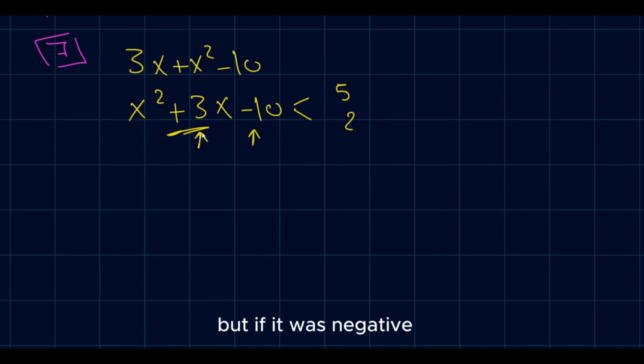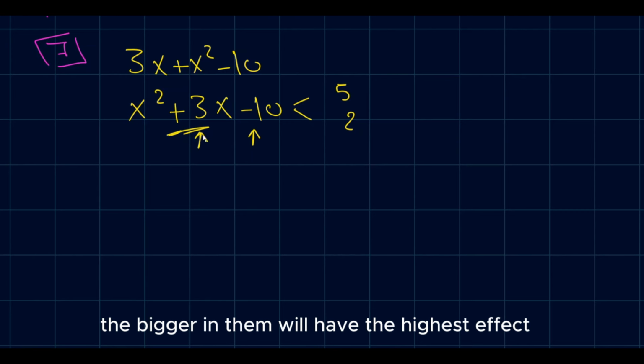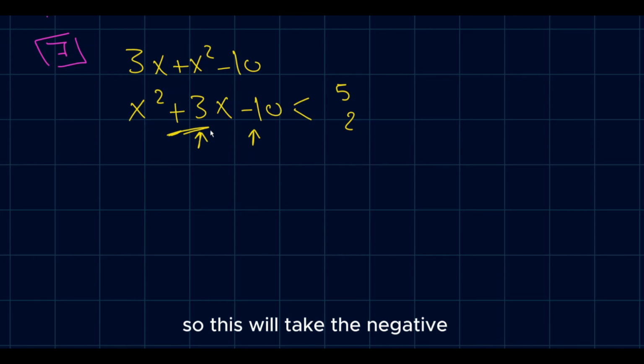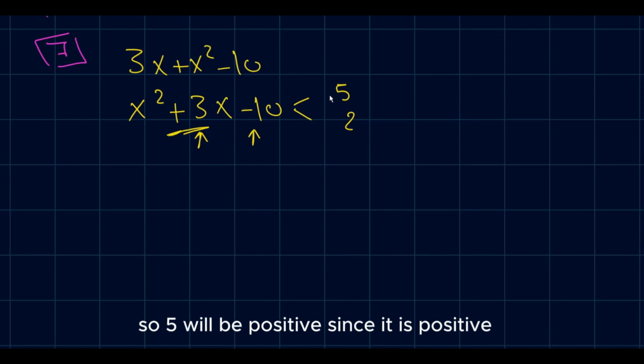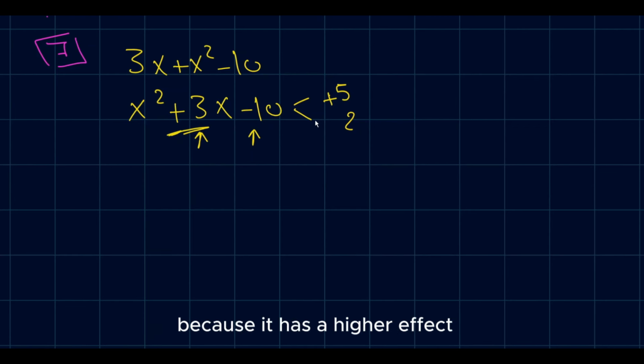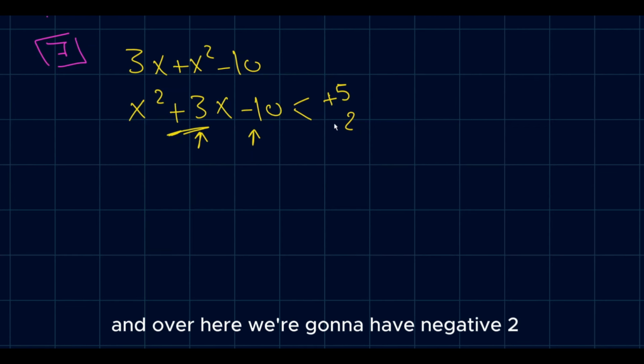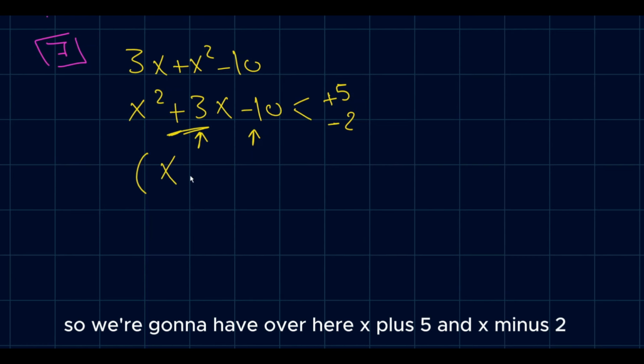But if it was negative, the bigger of them has the highest effect, so this will take the negative. But in this case, we have 5 and 2. 5 is bigger than 2, so 5 will be positive, because it has a higher effect. And over here, we're gonna have negative 2. Let's try. So we're gonna have over here x plus 5 and x minus 2.